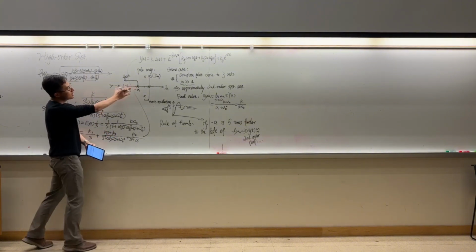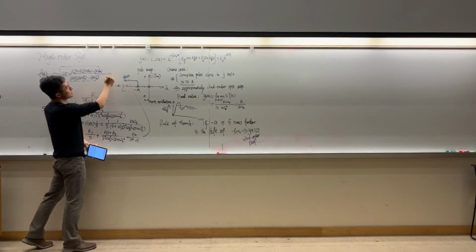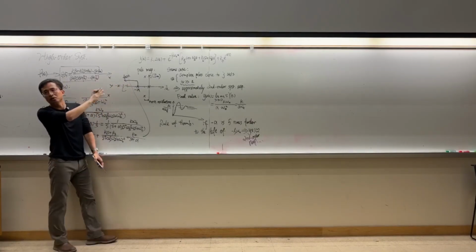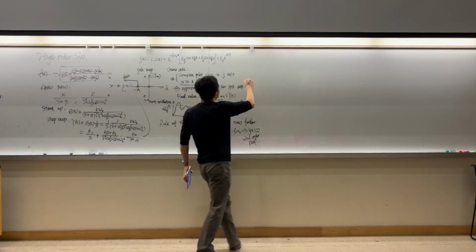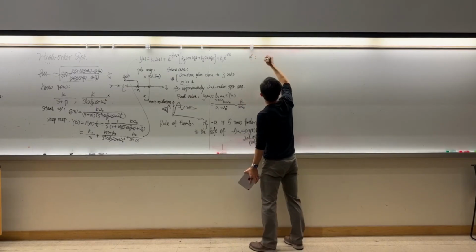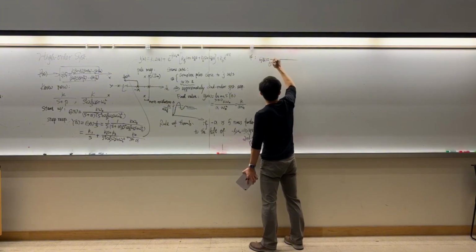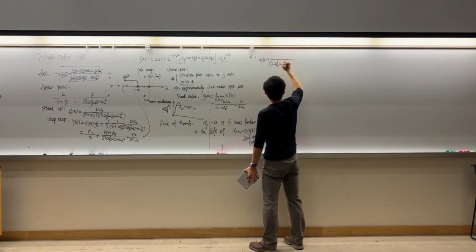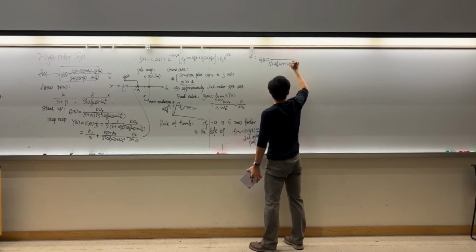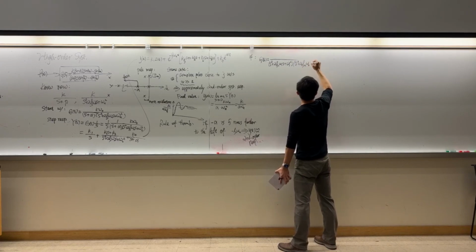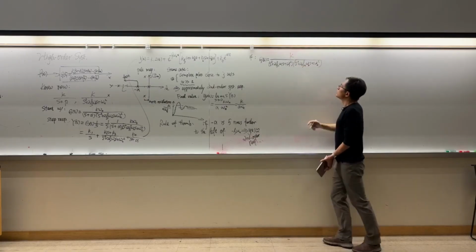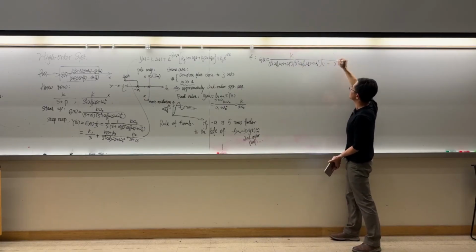And then you can apply this analysis to the case where you have complex poles that are very far away from the dominant ones. What's going to change? If you have complex poles like this, there can actually be more second-order terms.